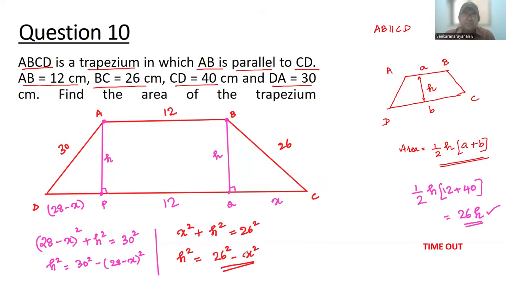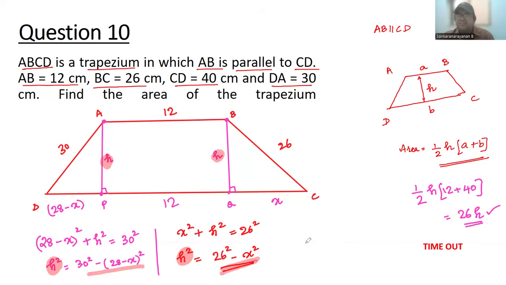Now please observe, it's very interesting to see here. This is equal to H square, right? And the same thing is coming here, H square. It's the same H I am talking about, yes or no? So that helps me to connect this 30 square minus 28 minus X the whole square, and 26 square minus X square.